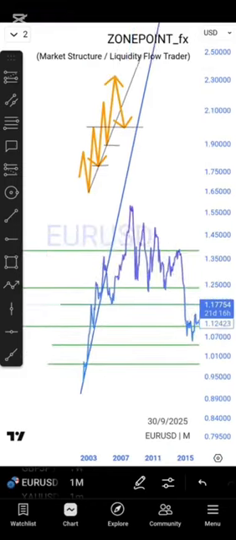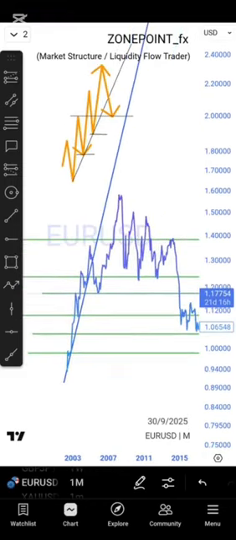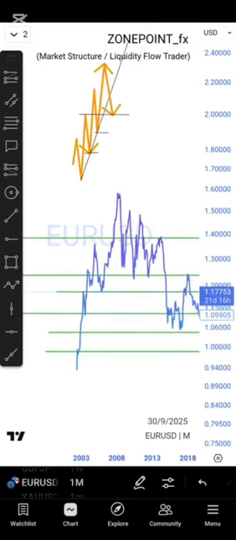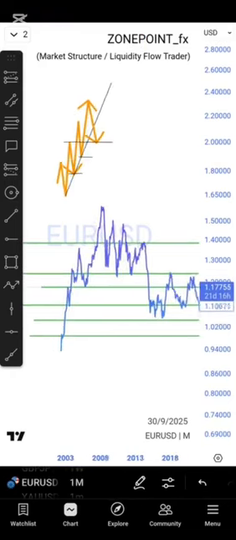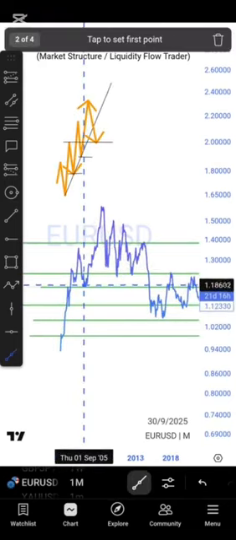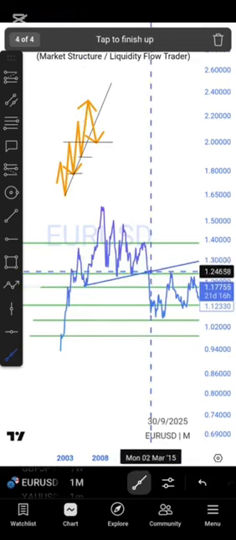So you can see this is our trend line that tells us the market was selling down, and the market tapped up into this key level. Let me delete this. And this is another trend line too, from this to this.